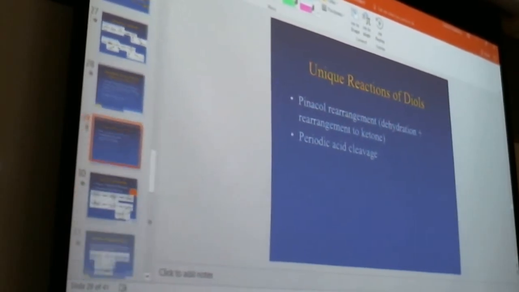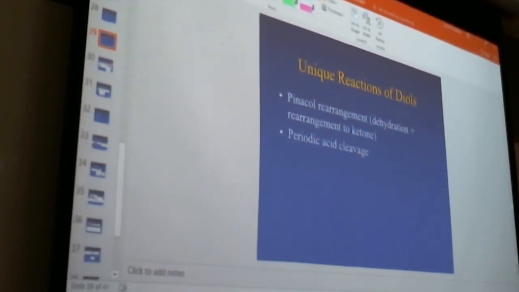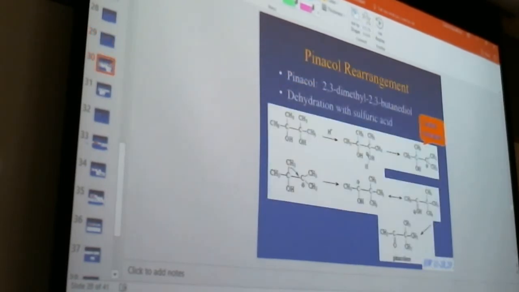I'm not going to hold you responsible for pinacols. Pinacols are very, very limited reactions that only work on one or two substrates, because it needs to be a really, really special substrate.